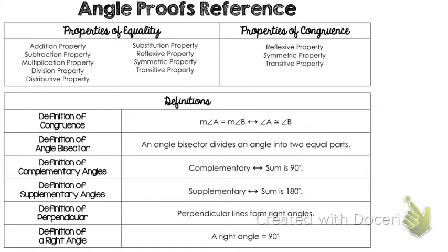I'm trying to give you guys tools like that and a way to think, to where you can have these words and you can see them, and it's going to help you. Instead of having to try and remember all of these different things, you have different tools and resources to remember them. So, definition of angle bisector: bisecting, two sections of an angle, cuts it into two sections that are equal. Cuts it in half.